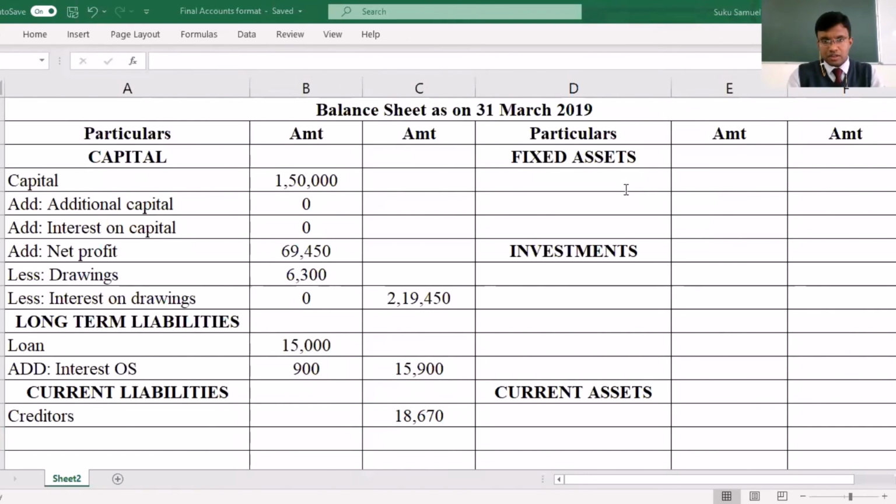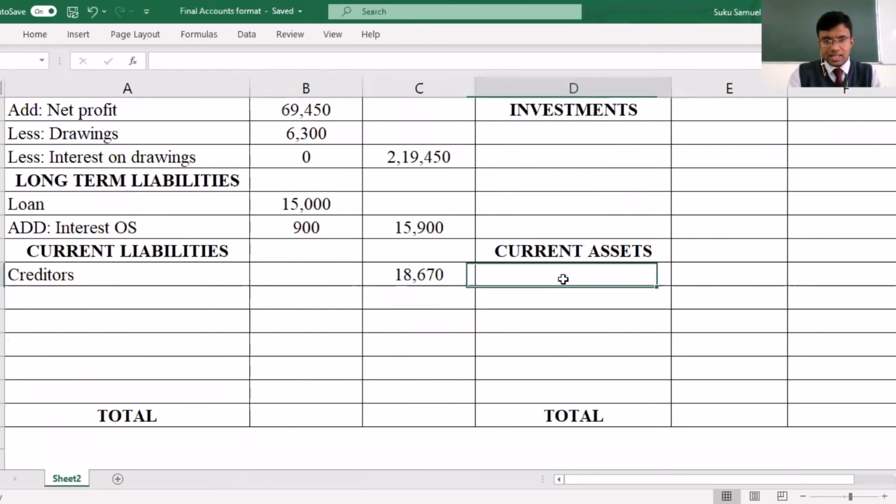So that is the only current liability that I'm seeing. Just looking through once again. We do not have any other current liabilities that are mentioned in this question. Now let's move on to the asset side. Let us see what are the assets that we have. You have cash at bank.